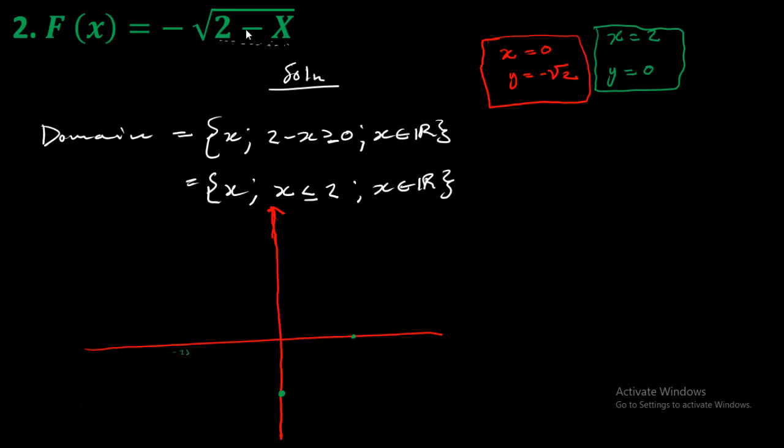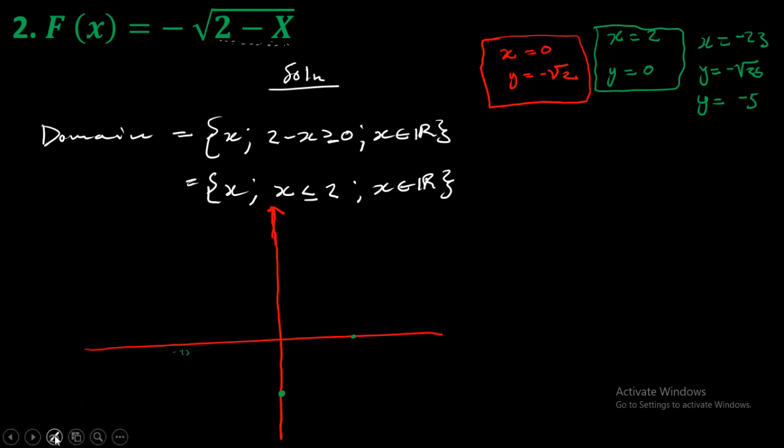So if you pick negative 23 and put it there, whereby x is equal to negative 23, you are going to find that y will simply be equal to what? Negative square root 25. So y will simply be equal to negative 5. So negative 5 will be somewhere down.